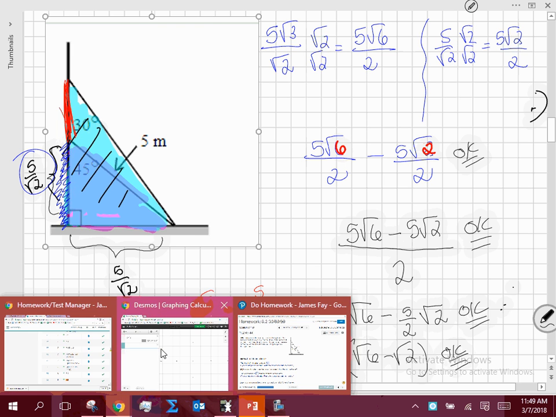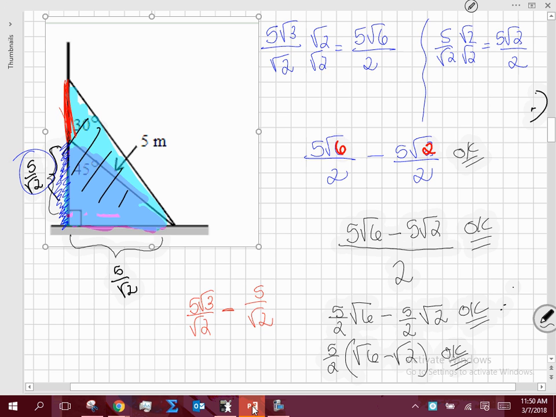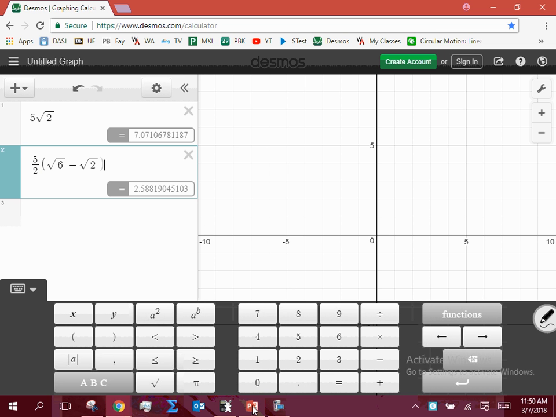Now, typing this in, this is another reason that I think a lot of you are going to like Desmos. If I type 5 halves, and then square root of 6 minus square root of 2, that was what we had, right? Yeah. Okay. It puts it in what we call LaTeX, the math print. It shows me how I would have written it by hand, doesn't it?